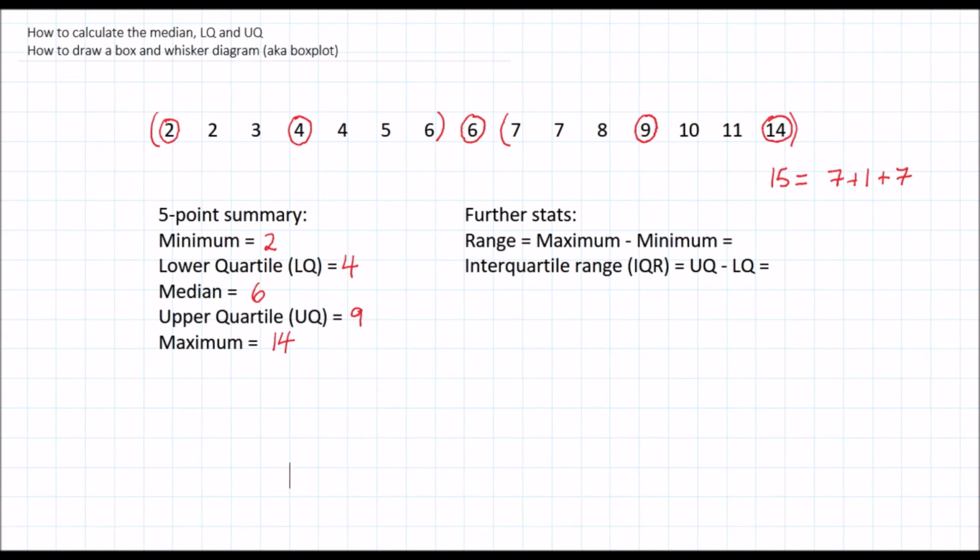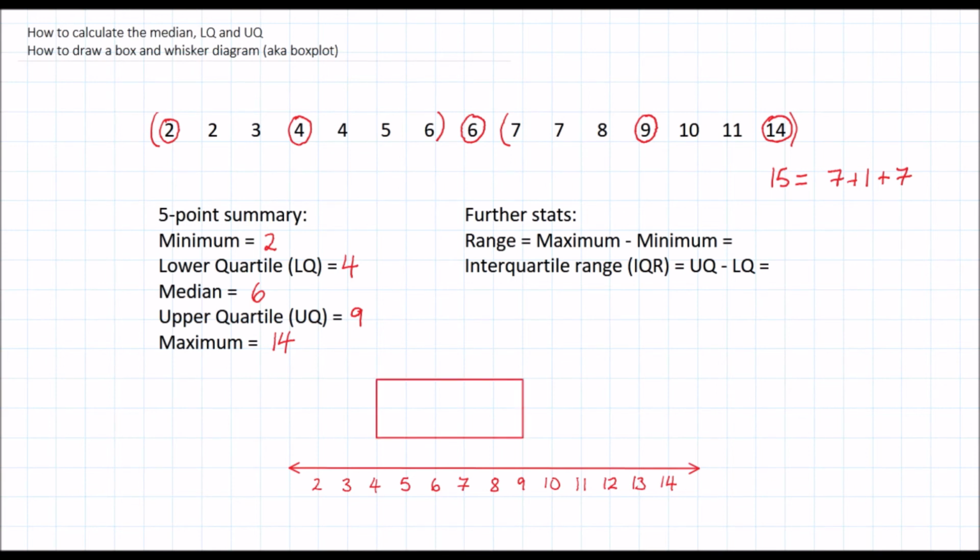Right, now we can draw the box and whisker diagram. First, set up your axis. Here's one I prepared earlier. Now you don't have to do it this way, but I like to draw the box first, which starts at the lower quartile and finishes at the upper quartile. Then I draw the whiskers, extending out to the minimum and the maximum.